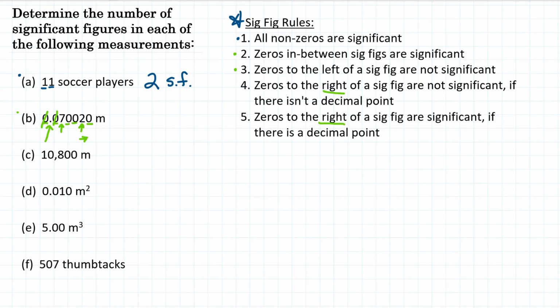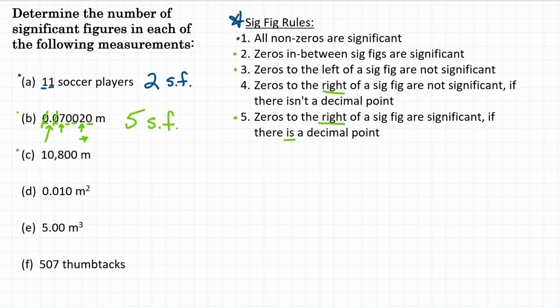Because there is a decimal point in this number, we are going to look at rule 5, which says zeros to the right of a significant figure are significant if there is a decimal point. So because there's a decimal point, that last 0 is significant. So the 7, 0, 0, 2, 0, all of those digits are significant, which gives us 5 sig figs for B.